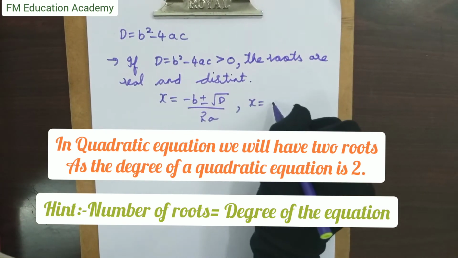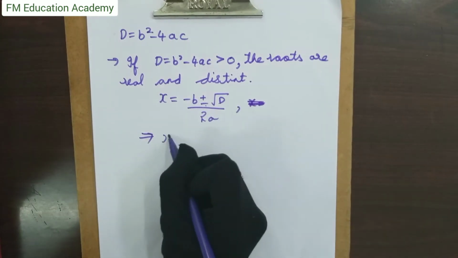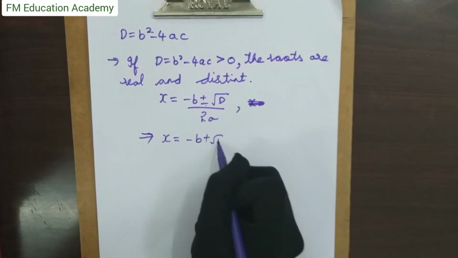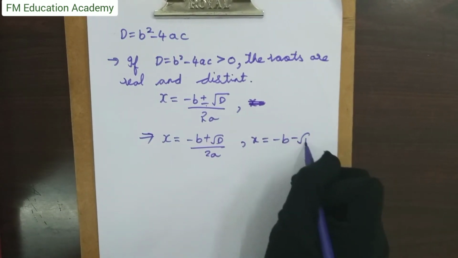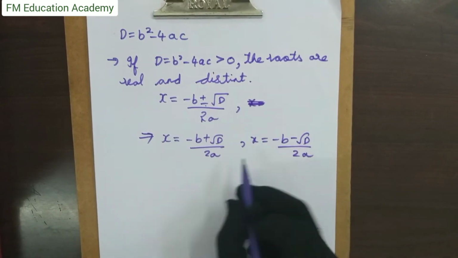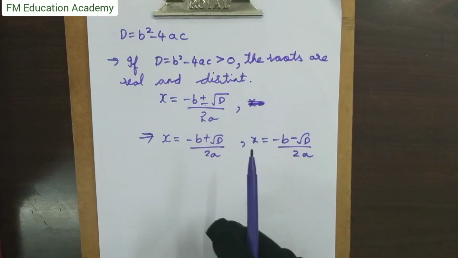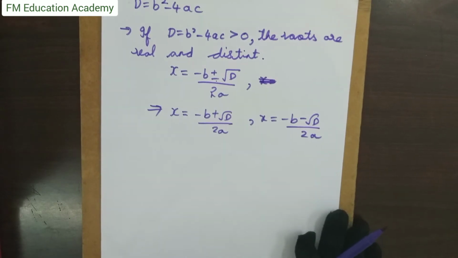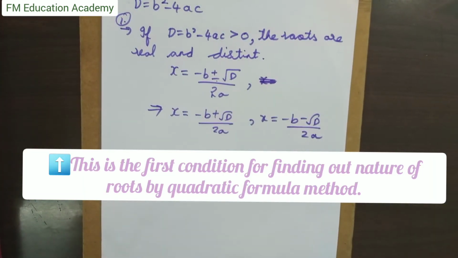One root is minus b plus root d by 2a, another root is minus b minus root d by 2a. If d is greater than 0, these are the two roots. This is the first condition for finding the nature of roots.